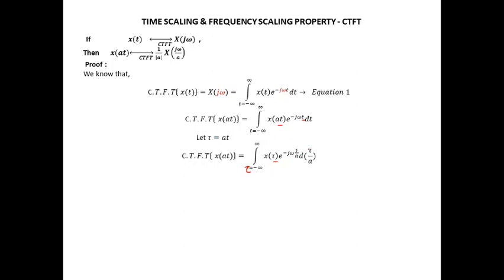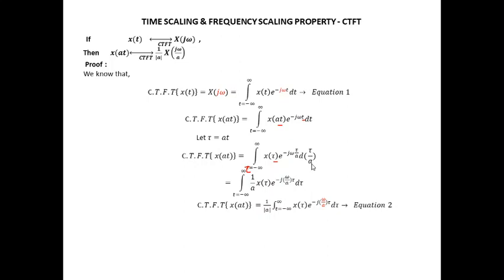So d tau by a, where a is a constant, so you can take that constant outside and you will get 1 by a, x of tau e power minus j omega by a into tau d tau.